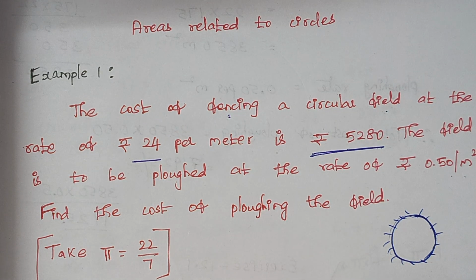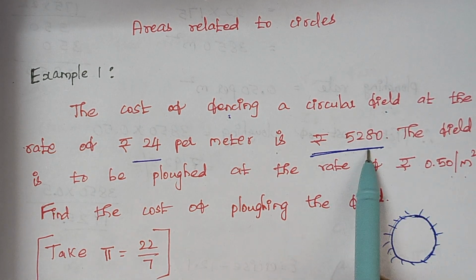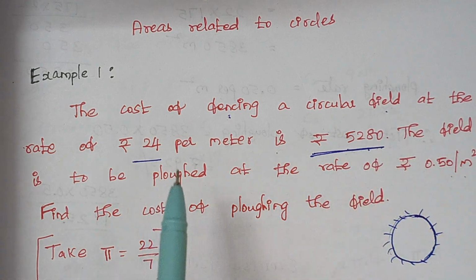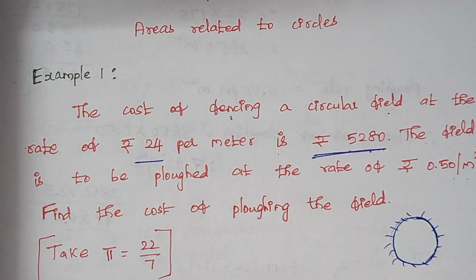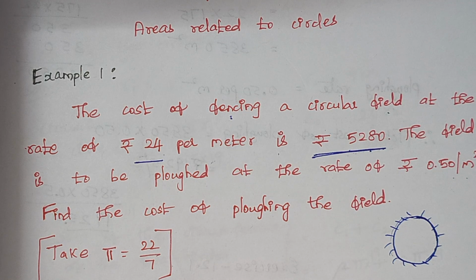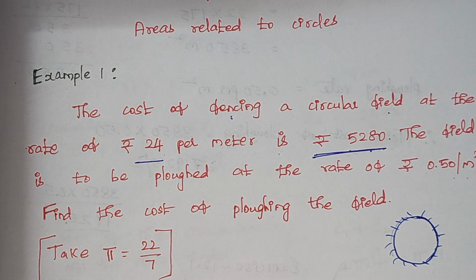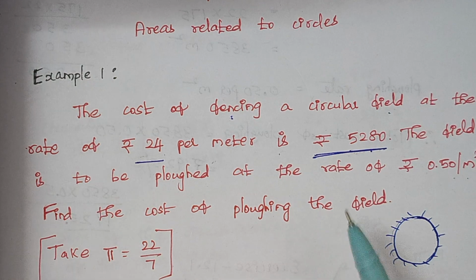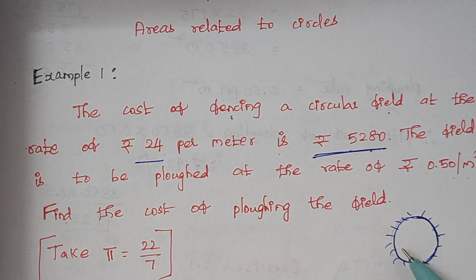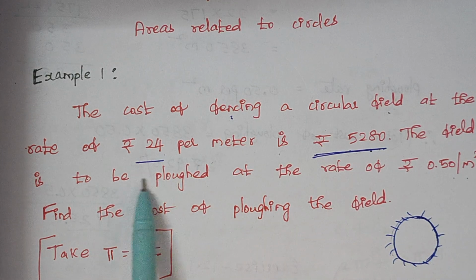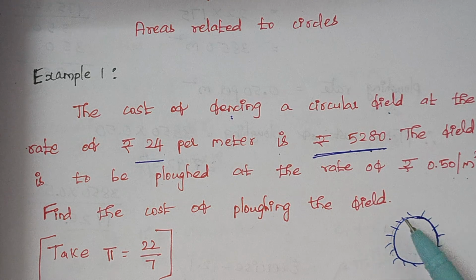The total cost of fencing is 5280, and the cost per meter is 24. These data are given so that we can find the area of the circle, because ploughing will be done for the area, that is inside this circular path, not on the circumference.